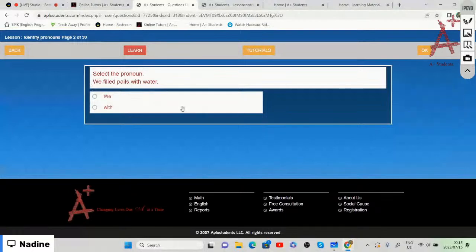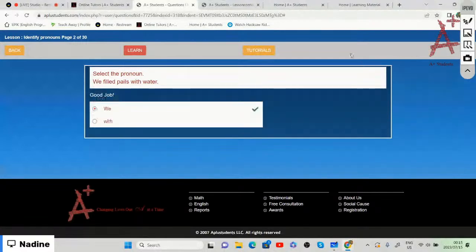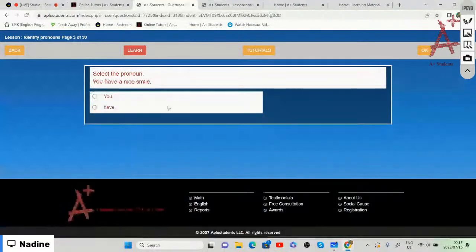So if we select the pronoun, then we will select we, because that is also a plural pronoun, referring to more than one person.